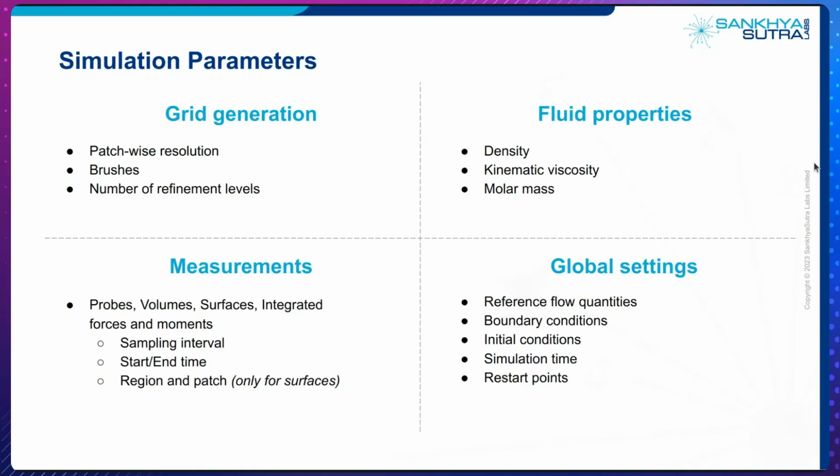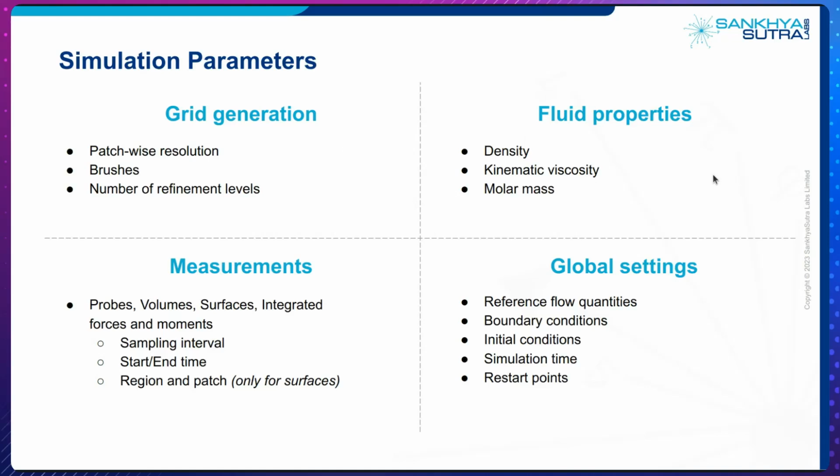So once you're satisfied with all these inputs for the grid generation, you can move on to the definition of fluid properties and the measurements and other global settings. I'll recap these again when I'm setting up the problem itself, in case you have had any problems following my explanations.